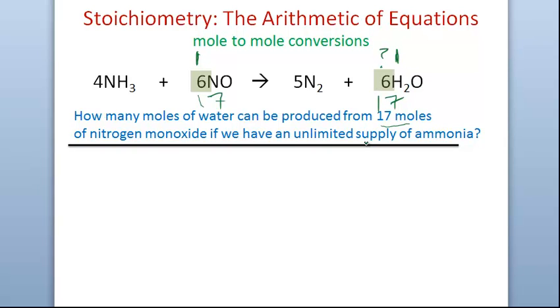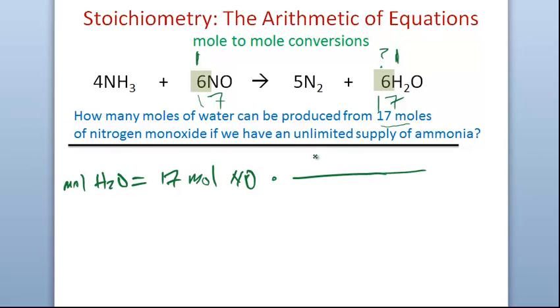But I will set this up just like we will for less obvious problems, just for completeness. All right, so moles of water equals 17 moles of nitrogen monoxide. And then the molar ratio here, as we said, was 6 moles of water and 6 moles of nitrogen monoxide.